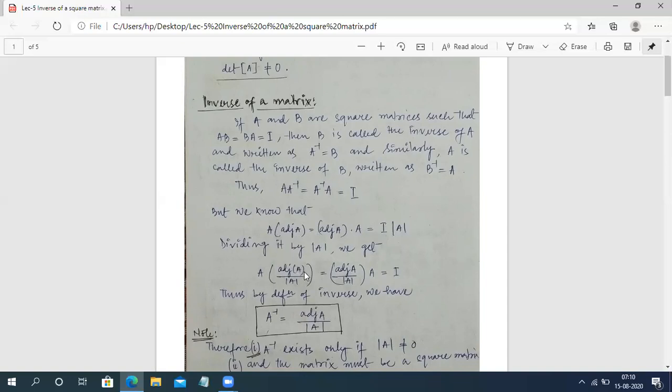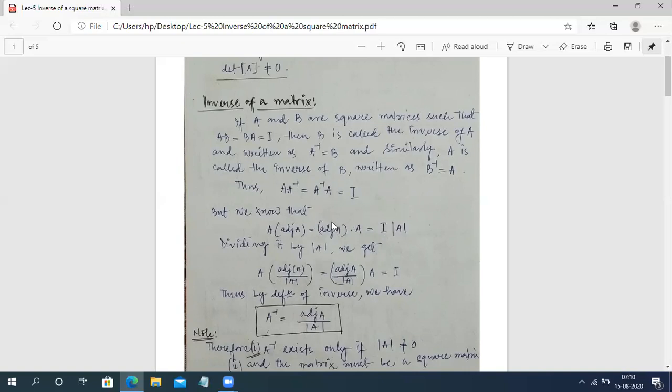A into adjoint of A by determinant of A is equal to adjoint of A by determinant of A into A is equal to I. Clear? This is the result we can prove, but the proof is not given in your syllabus, so I am not going to prove this result, but we will use this result to find the formula of A inverse.